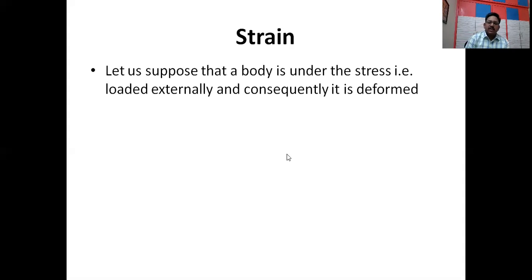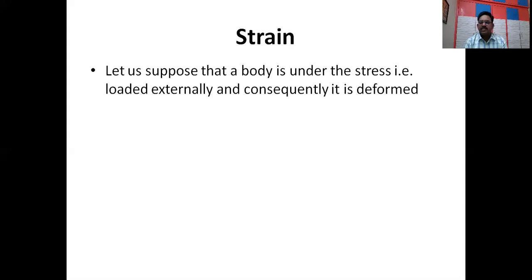So let us suppose that a body is under stress. That means when the body is loaded externally and consequently it is deformed. For example, if a load is applied on a body, it is deformed. That means it is subjected to some stress.